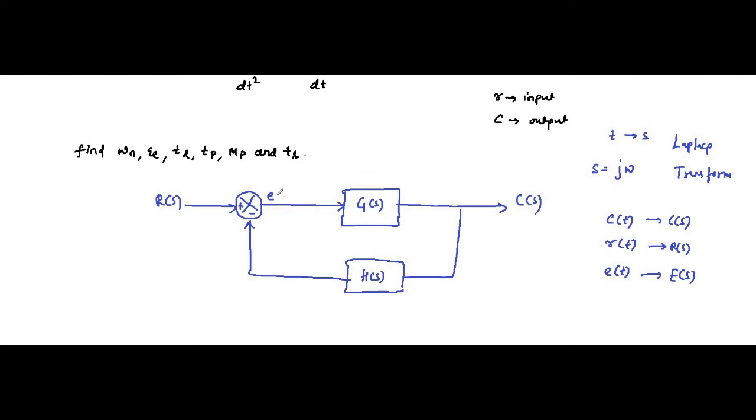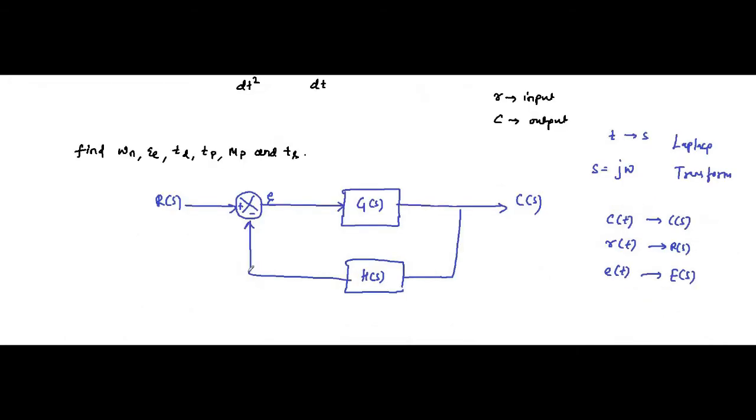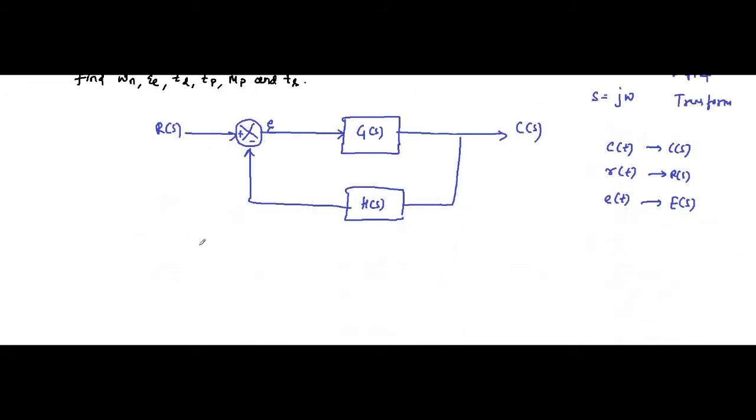So here, in the time domain, as it is given, e(t) is equal to r(t) minus c(t). For that we'll be taking Laplace transform of both sides. So first we'll write the equation which is given, d square c by dt square plus 8 dc by dt is equal to 64e.